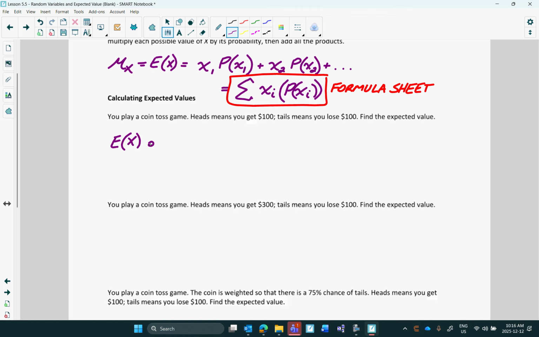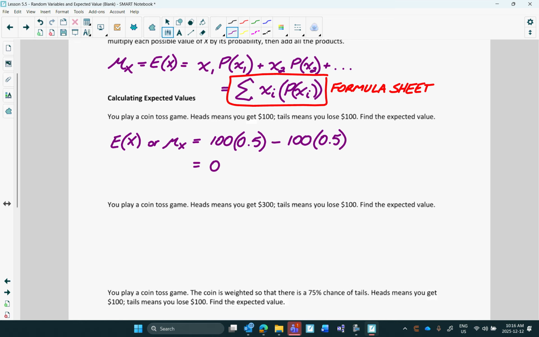So E(X) or mu of X would be positive 100 times 0.5 plus negative 100 times 0.5. And hopefully you can see that equals 0. It's a completely fair game.